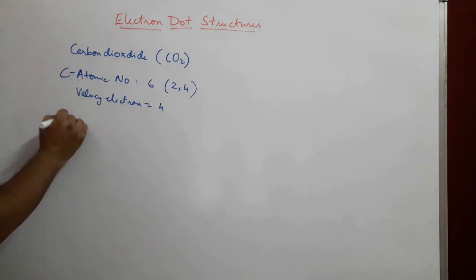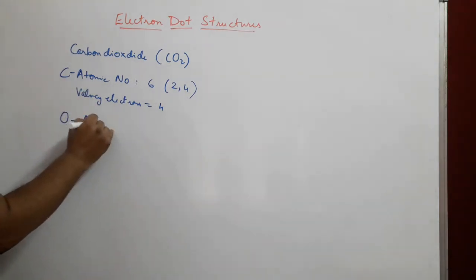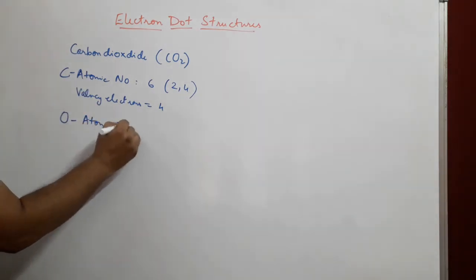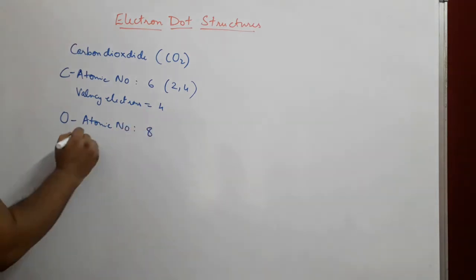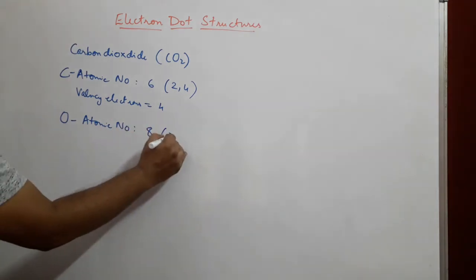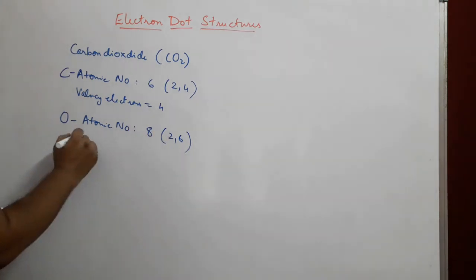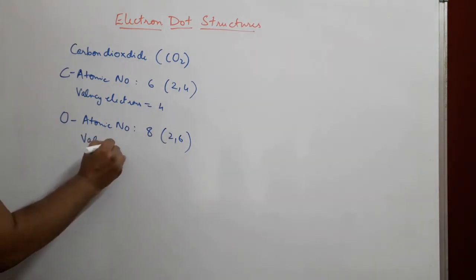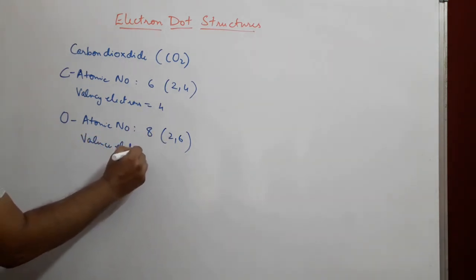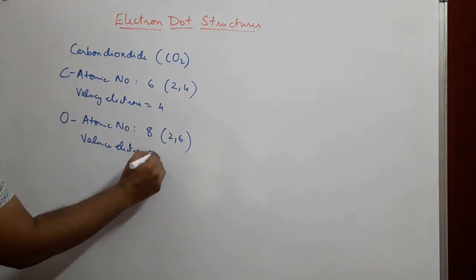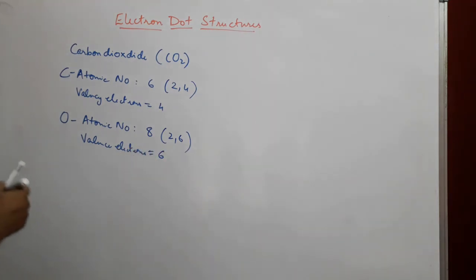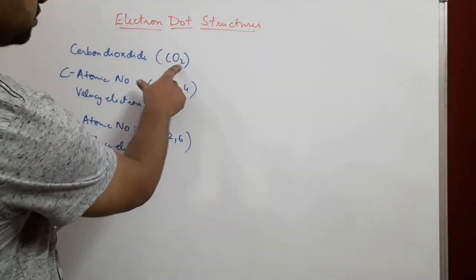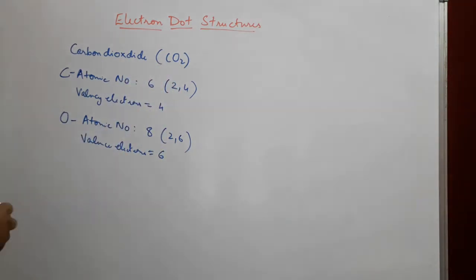In case of oxygen, the atomic number is 8, and that would be 2, 6, that means 6 valence electrons. So valence electrons equal 6, right? So now CO2, that means there are 2 atoms of oxygen and 1 atom of carbon.